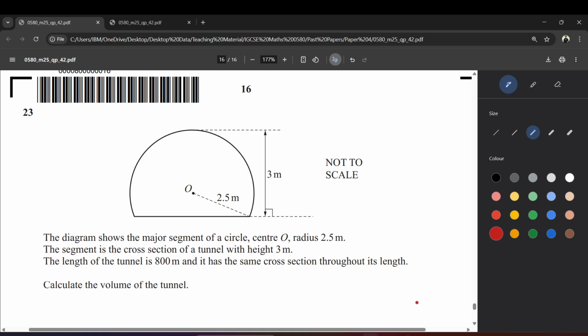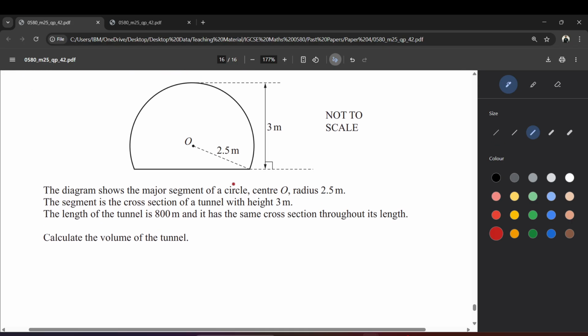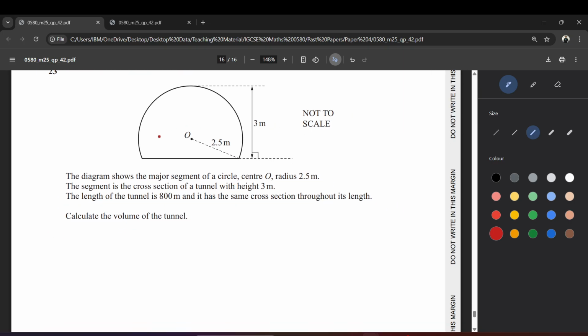Okay, so you have a tunnel, which is a 3D figure, and its cross section is a major segment. Let's say I draw a quick sketch of it. So this is your cross section, and then it extends all the way back, and at the back you have the same cross section.